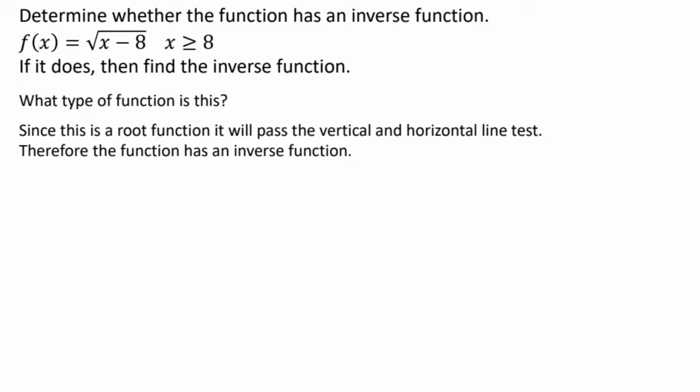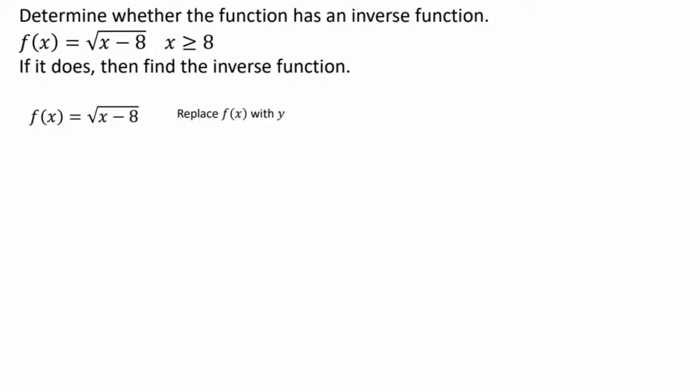So the first thing that I do to find the inverse is convert this function into an equation, and that's replacing the f of x back with y. So we have y is equal to the square root of x minus 8. Now I'm going to interchange or swap my x and y values, right? So my y values will become x and my x values will become y.